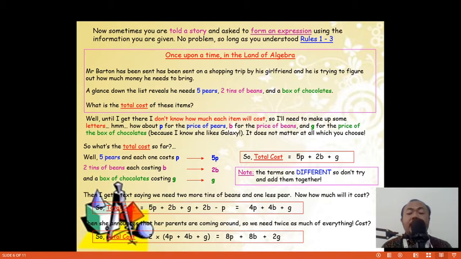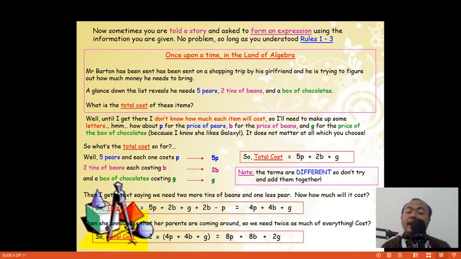Remember, don't combine because you have different terms here, p, b, and g. Then he got a text from his girlfriend that he needs to buy 2 more tins of beans and 1 less pear.